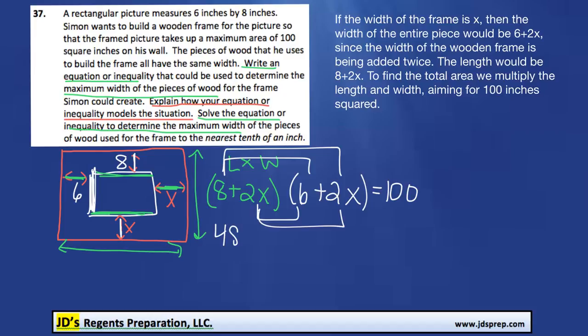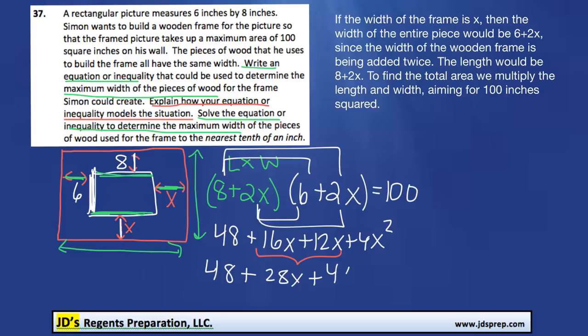We'll get 48 plus 16x plus 12x plus 4x squared. And then we can combine these middle terms together, and we'll get 48 plus 28x plus 4x squared. And this is all equal to 100 still.